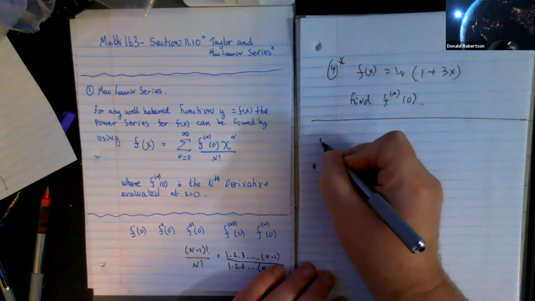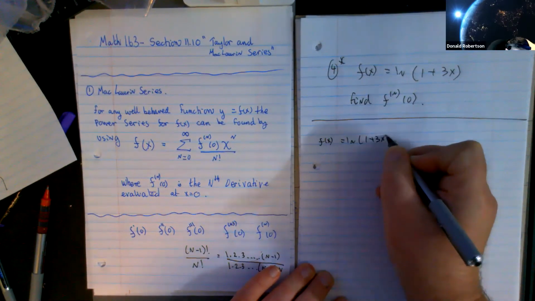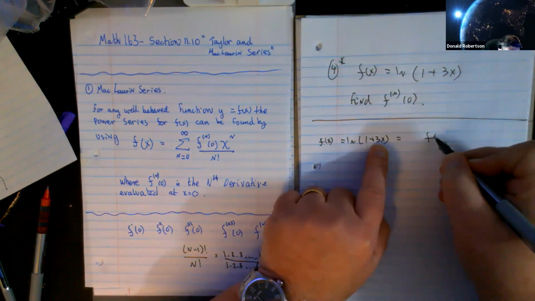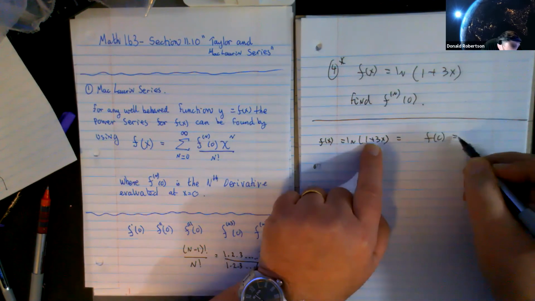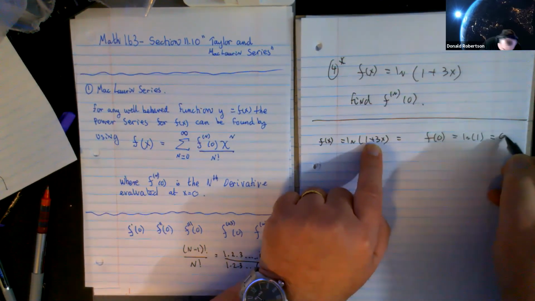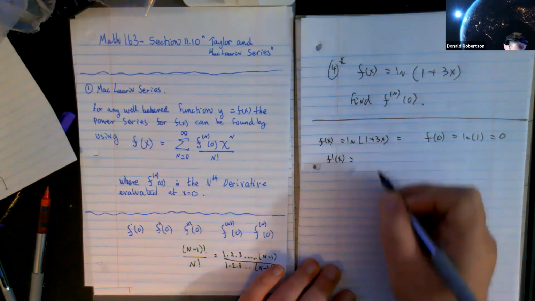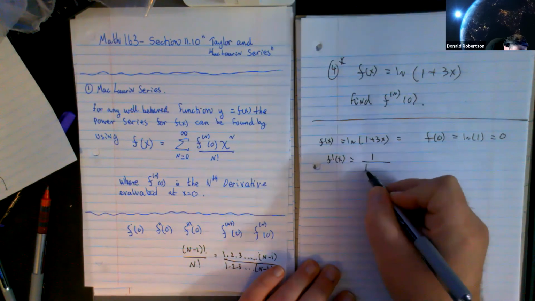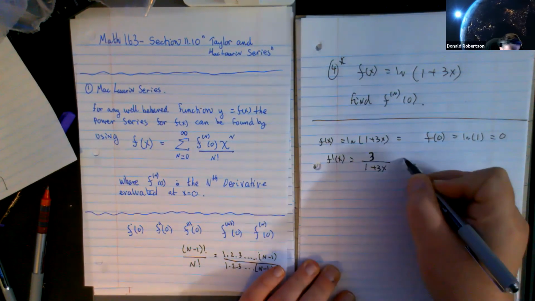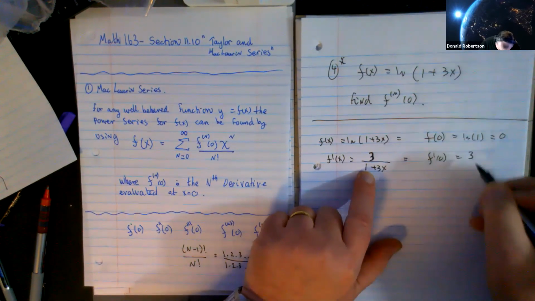So I'll start off with f of x. If you plug in 0 for x, f of 0 is the log of 1, which is 0. If you differentiate this, you'll get 1 over 1 plus 3x, times 3. And if you evaluate this at 0, you will get 3.